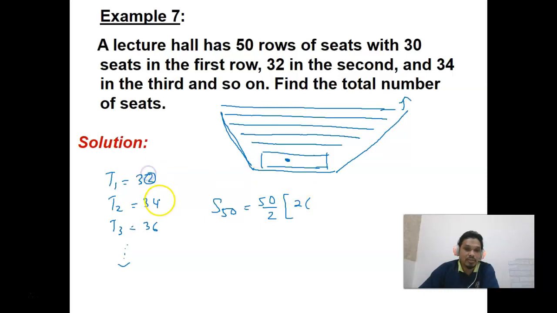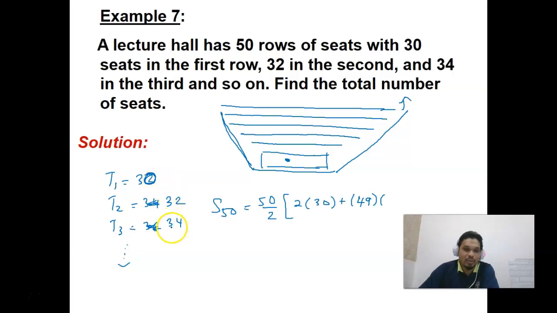So 2 times 30 plus (n minus 1), where n equals 50, so 50 minus 1 is 49, and d equals the difference between the second and the first row, which is 2, 32 minus 30.